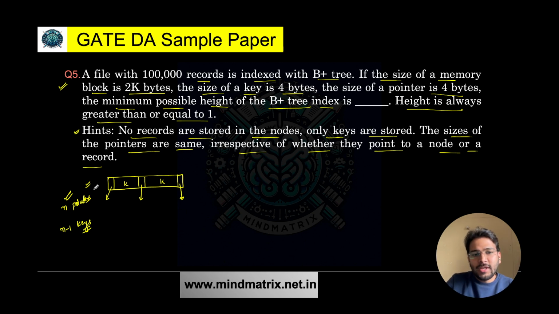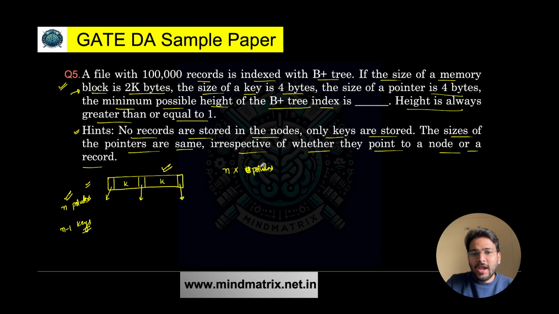So can we say we have n multiplied by the size of the pointers. In order to find the size of this memory block, the size of the memory block is already given to us, that is 2k bytes.